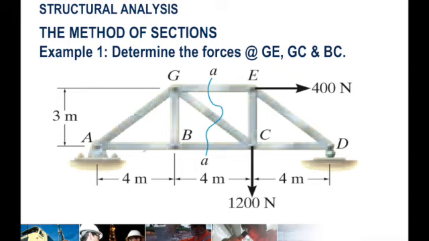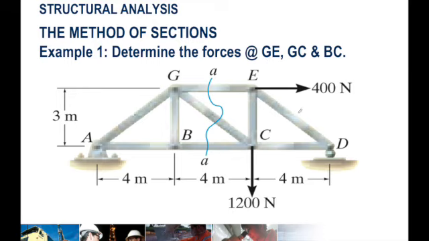We have here a bridge truss, pin connected at A, and I think this is roller connected at D. So what we are asked is to determine the forces at GE, GC, and BC.